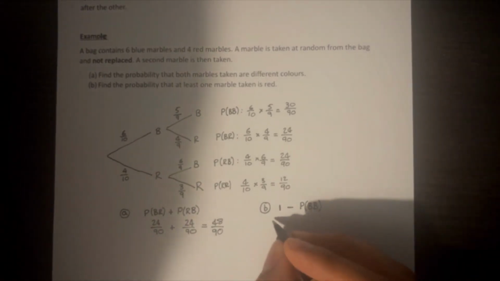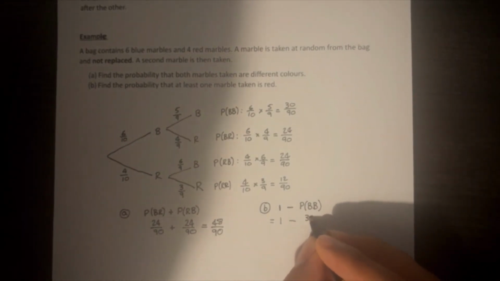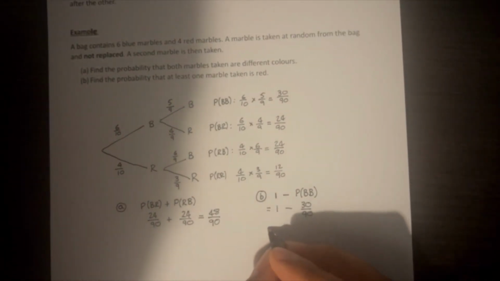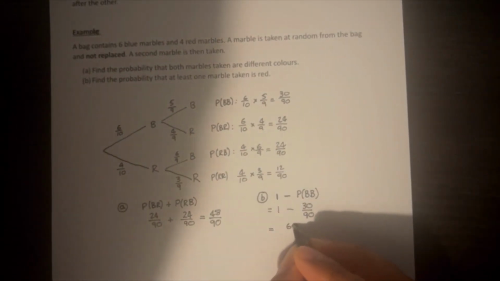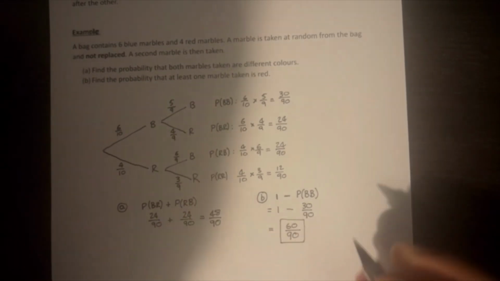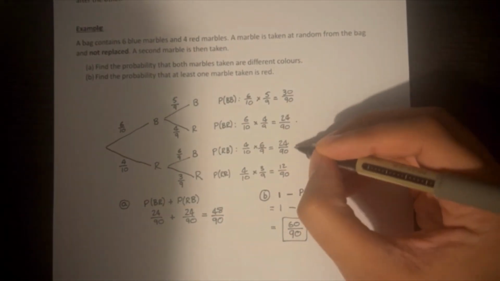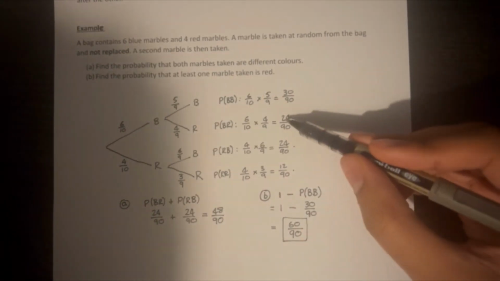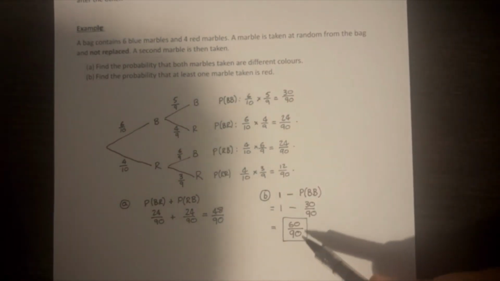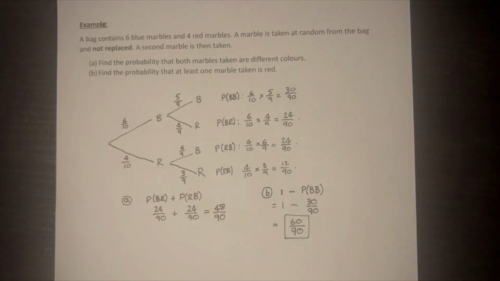Or in other words, 1 subtract 30/90, and that is going to give us 60/90. So that's going to be our answer to part B. And hopefully we can notice that if I did just take these three and add them, 24 and 24 is 48, plus 12 gives us 60. It gives us that same 60/90.